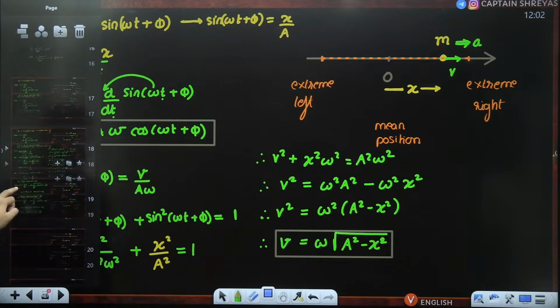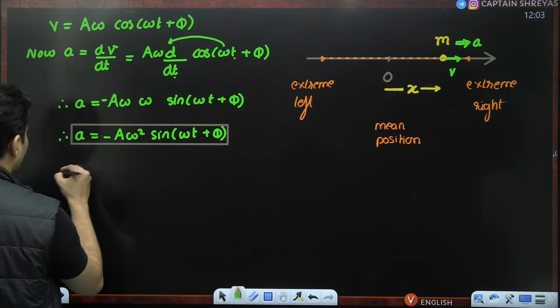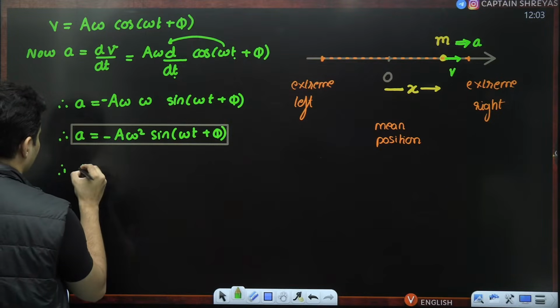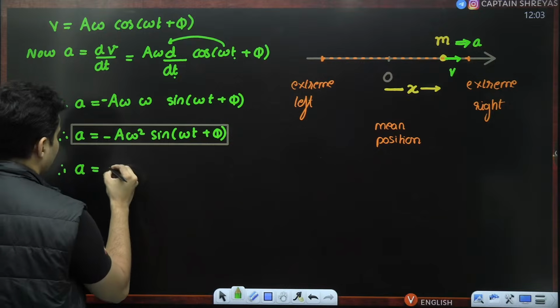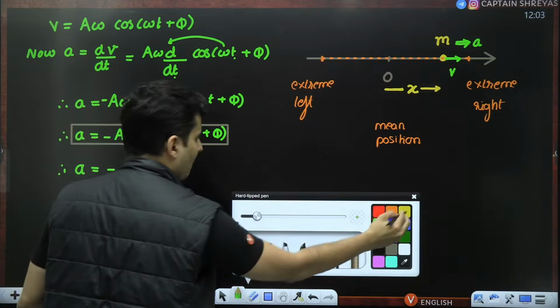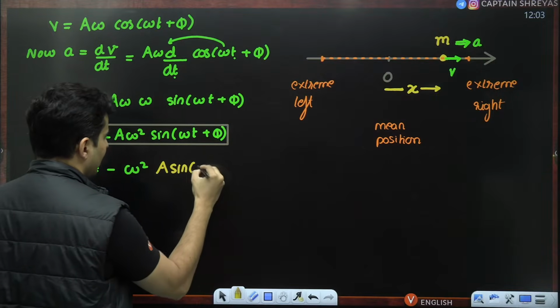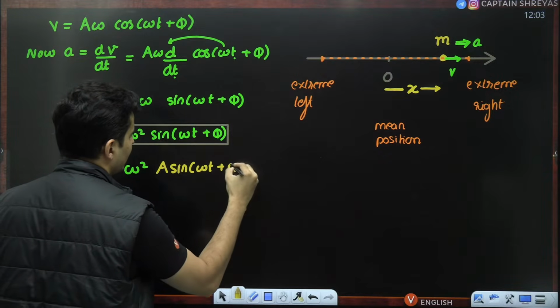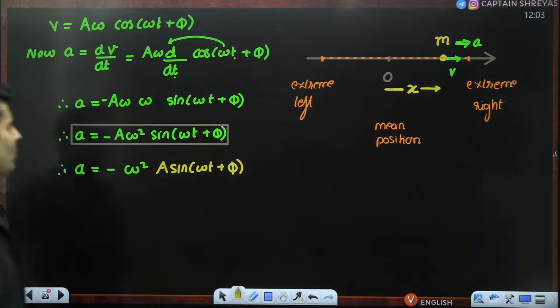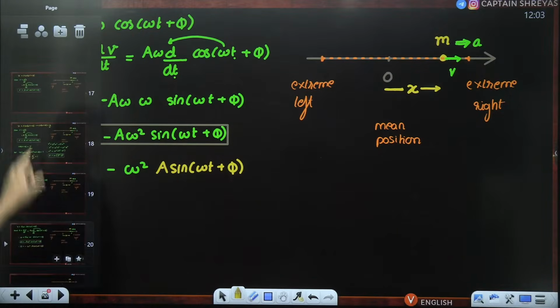A very similar analysis can also be done over here. What I can do, I can write this acceleration as minus omega square first, then this a sine of omega t plus phi over here. Now you might be wondering why I did it like this. What is this a sine of omega t plus phi?